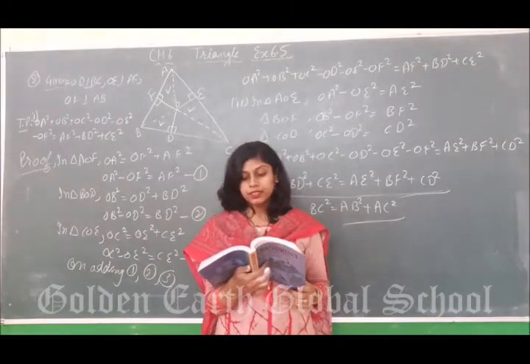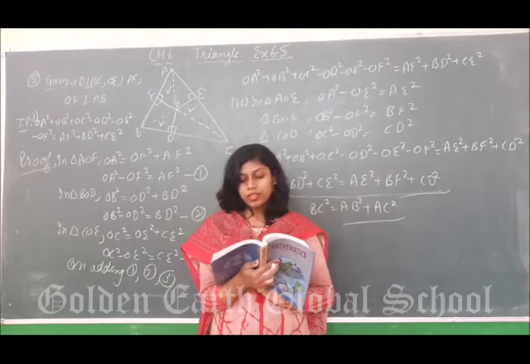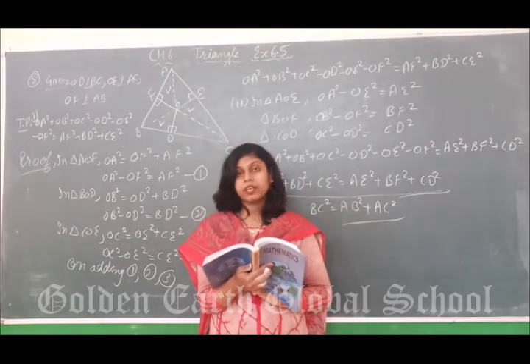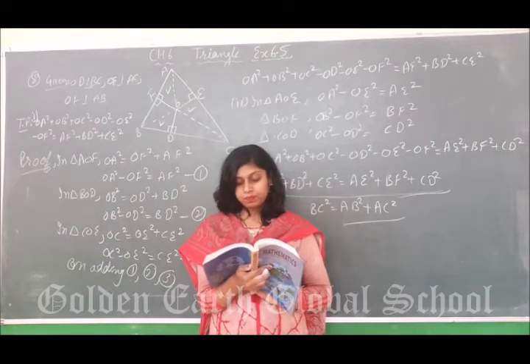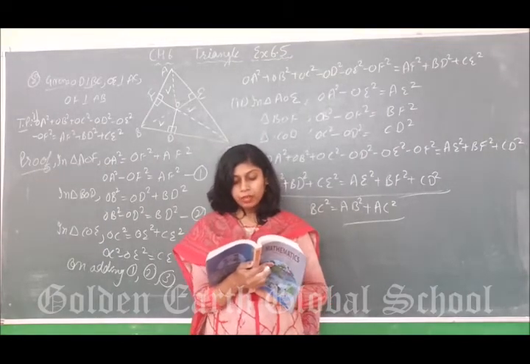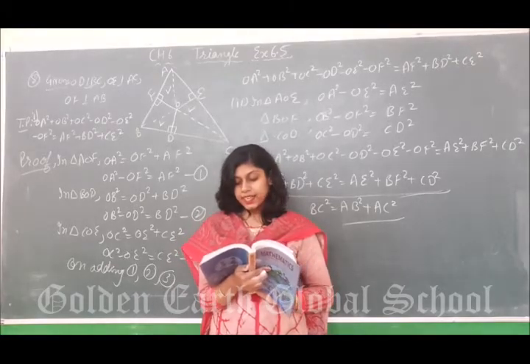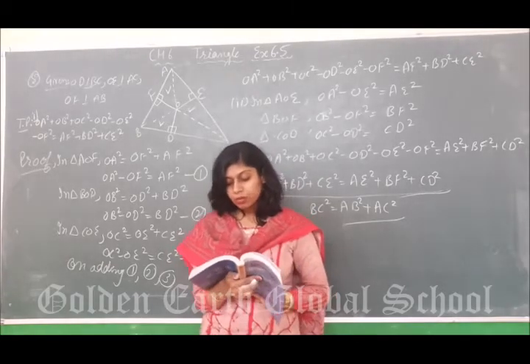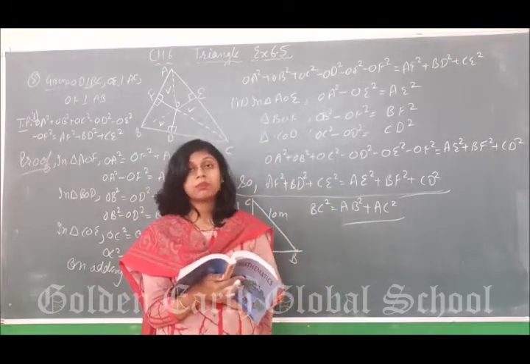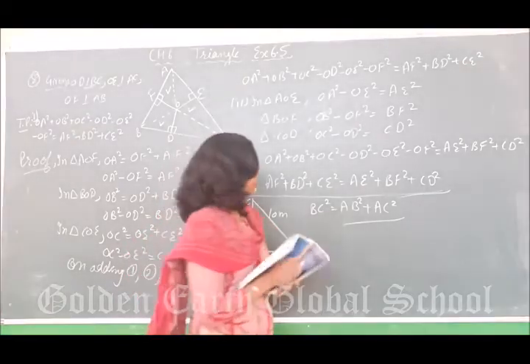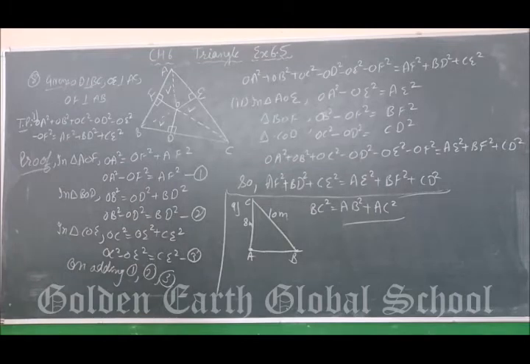Next question number 10th. A guy wire attached to a vertical pole of height 18 meter, is 24 meter long and has a stack attached to the other end. How far from the base of the pole should the stack be driven so that the wire will be taut? So same figure for question number 10th.